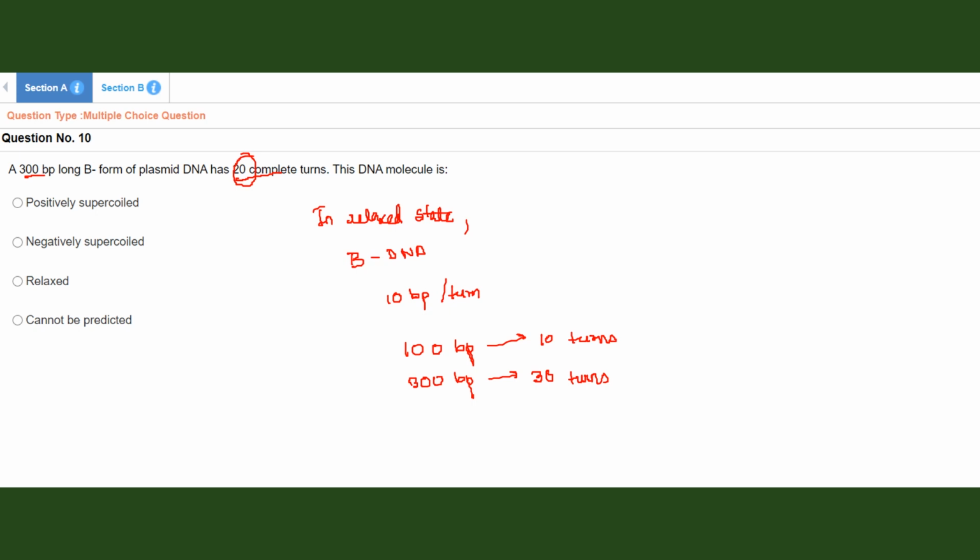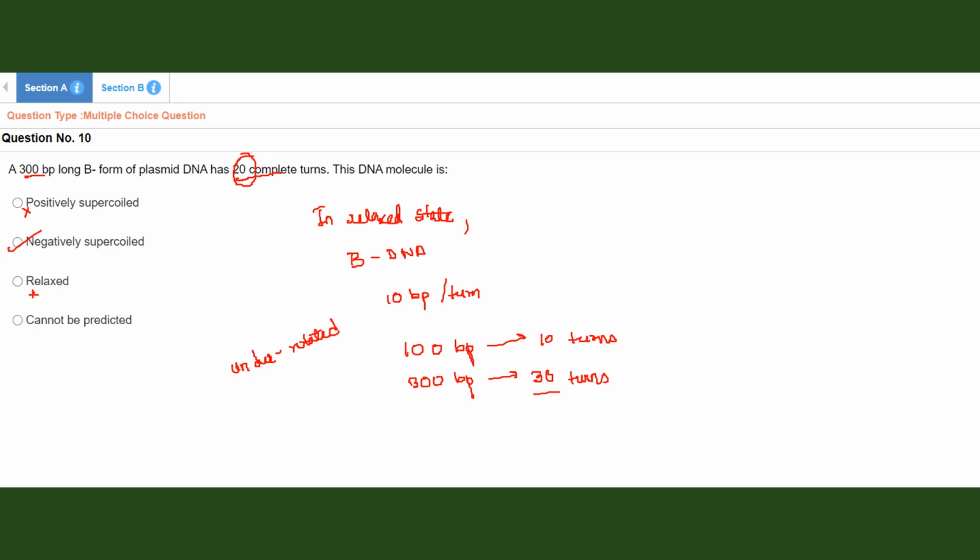That means it has 10 less turns. That means it is under-rotated, which is basically more open, with fewer coils. That means it is not relaxed and not positively supercoiled. It will be negatively supercoiled.